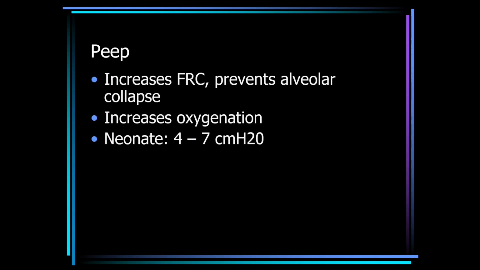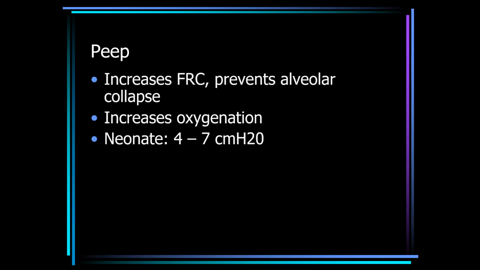For PEEP, we know that it increases our FRC, keeps the alveoli open, and oxygenation improves with PEEP. For neonates, it says 4 to 7 centimeters of water. And I've seen that change over time where when you put the baby on the ventilator, you start with 5 of PEEP, just like you do with the adults.